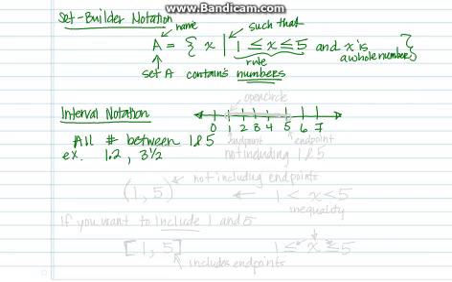Graphically, I'm talking about everything that sits in here. Since I said between, I don't want to include 1 and 5, so to show not including them, I make a little open circle.